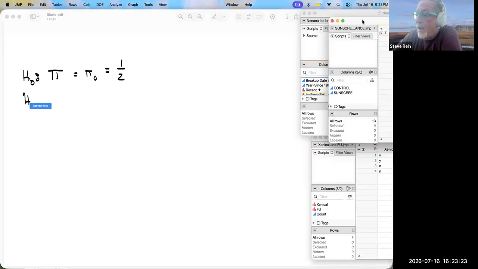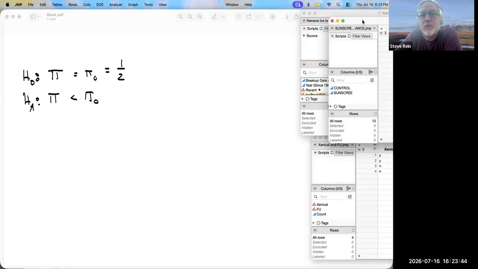On the other hand, I'm claiming that the Greek euro has a rate of coming up heads that's less than pi zero, again, 1/2. I'd say the rate of a Greek euro coming up heads is less than half. That's my alternative. I'm going to stick with the null. It's like any other coin. It comes up heads half the time, tails half the time.